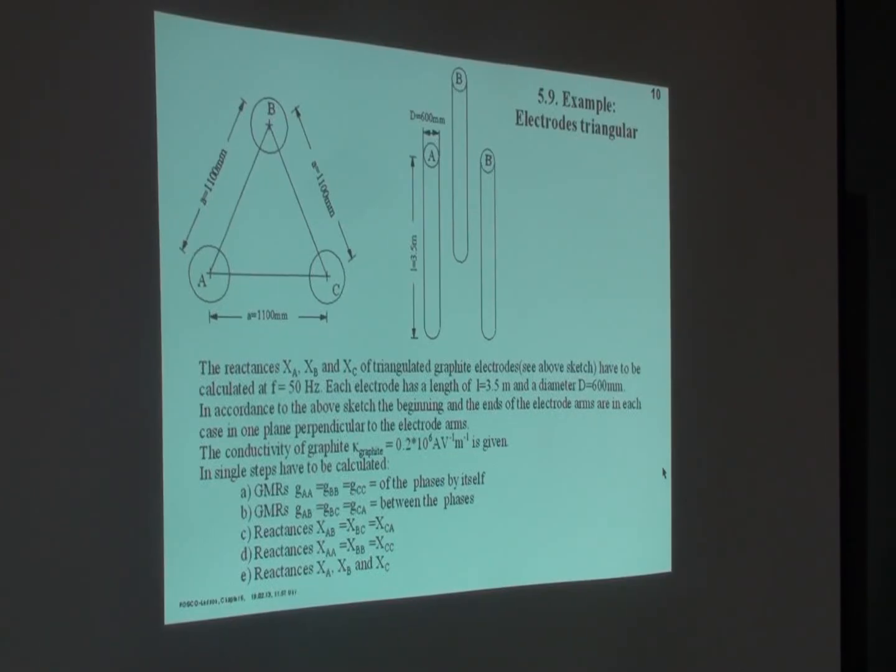And then we use the formula which we discussed, and then we can calculate G. It's the same as before. The most important thing for reactance calculation is to calculate G. And if you have the G, it is always the same.